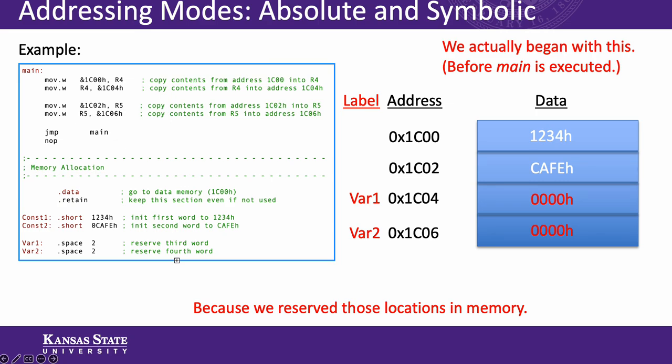Actually, when the program begins, we've cleared that out. We've got 0000 in both of those memory addresses, and we've labeled those addresses var1 and var2. The .space directive and then the 2 after it means we want 2 bytes or 1 word of space to be reserved.